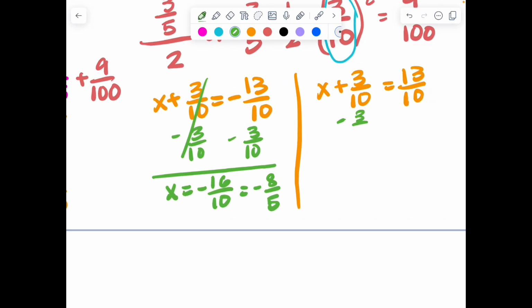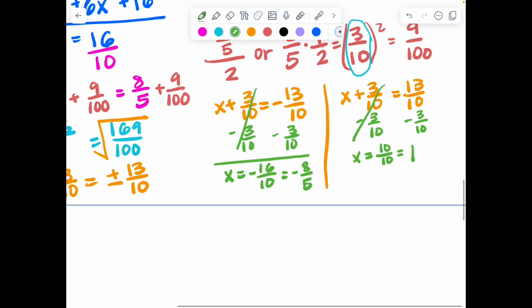Okay, and then subtract it on this side. This becomes 10 over 10, which is 1. So your answers are negative 8 over 5 and 1.